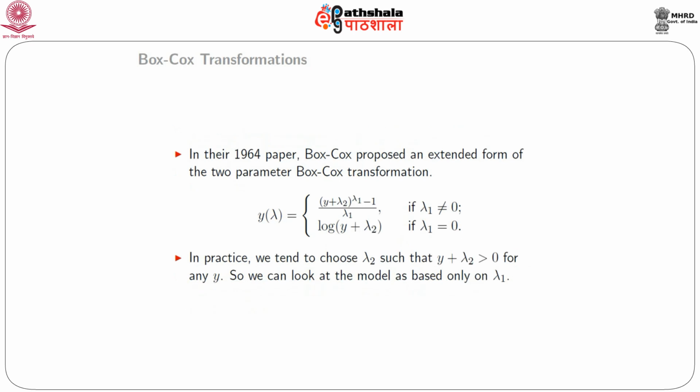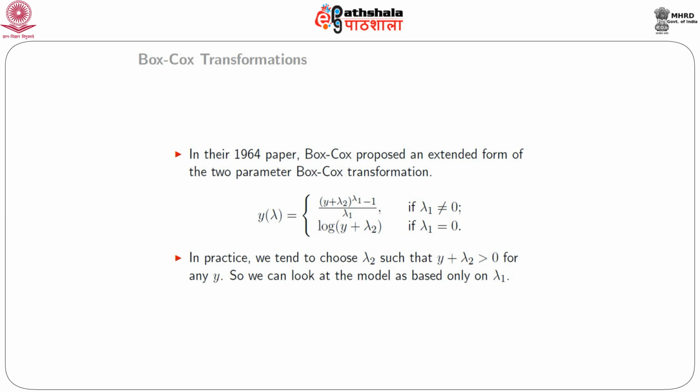In another paper in 1964, Box and Cox proposed an extended form of the two-parameter Box-Cox transformation which they had proposed before. In this paper, the transformation took the form: y becomes (y plus lambda 2) raised to the power of lambda 1 minus 1 divided by lambda 1 if lambda 1 is any value not equal to 0, and log of (y plus lambda 2) if lambda 1 equals 0.